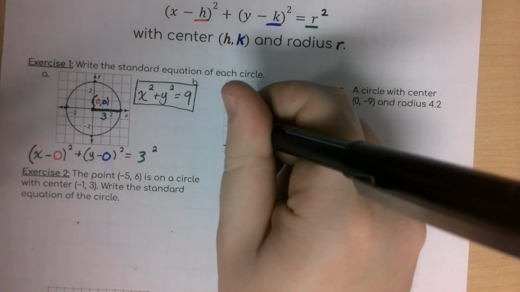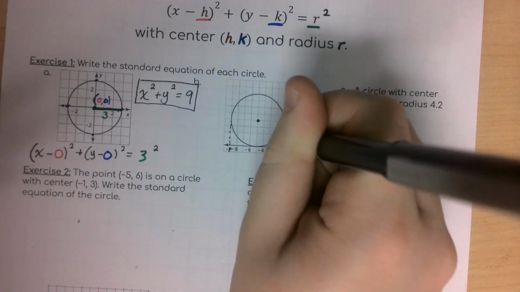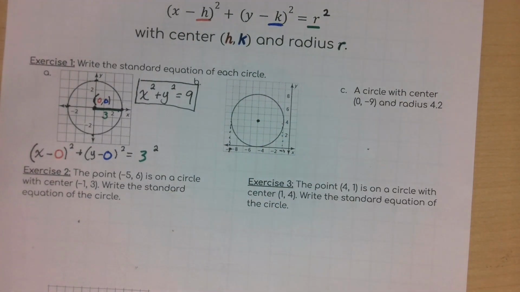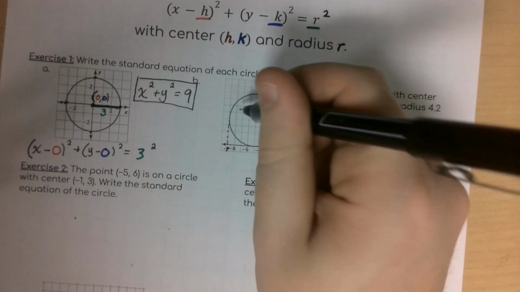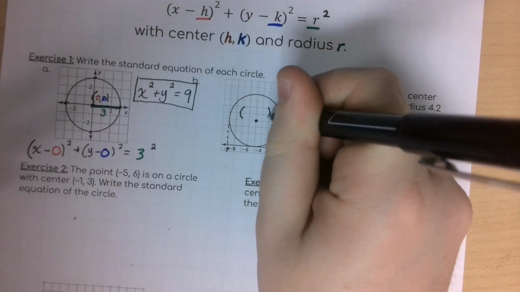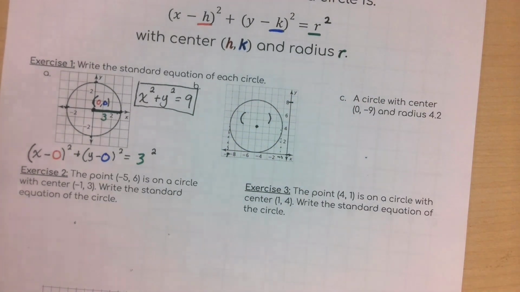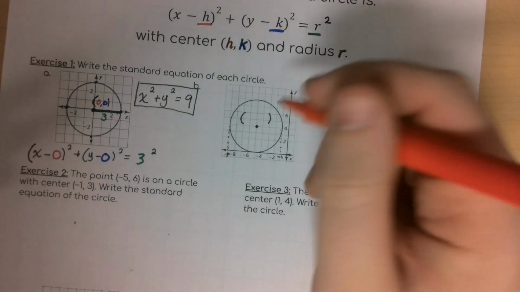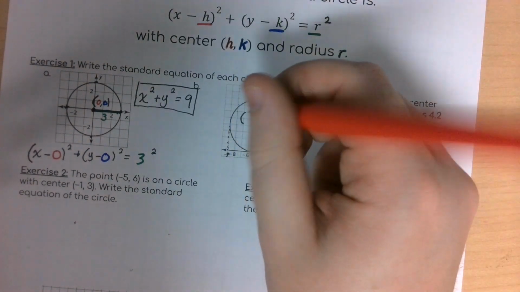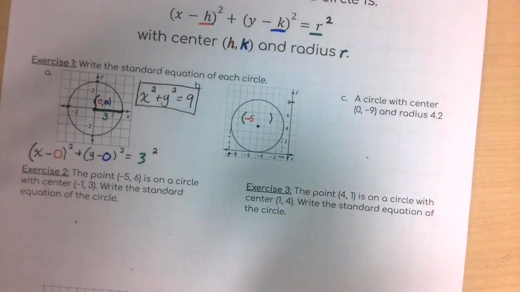If we took a look here, this portion and this portion, we're just finding the middle of those. Same thing for the y values. We can also just take the top y value of 8, subtract the bottom y value of 0, and divide by 2. Either way, we end up getting our coordinates for this. It ends up being negative 5, 4.